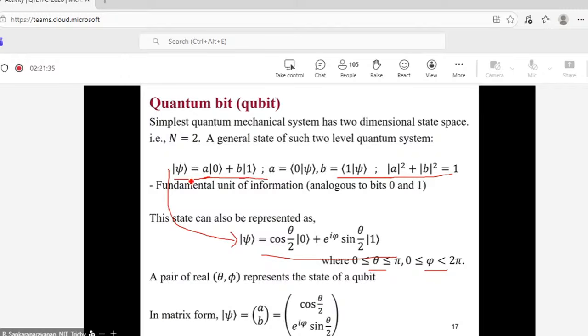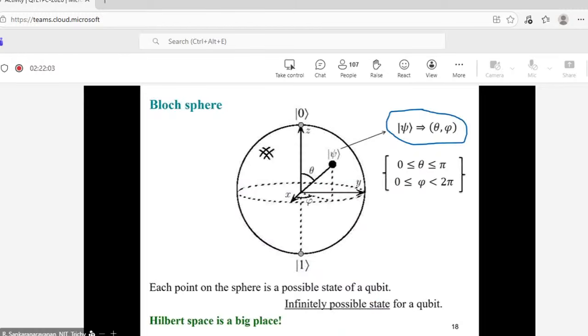And if A is 0 and B is 1, that means the state psi, ket psi, is nothing but ket 1. So when will B be 1 and A be 0? A will be 0 if theta equals pi. If theta equals pi, this term will be 0 and this term will be 1. Of course, we can take the quantity phi to be 0, so that ket psi is nothing but 1. So that is what is represented in the Bloch sphere.